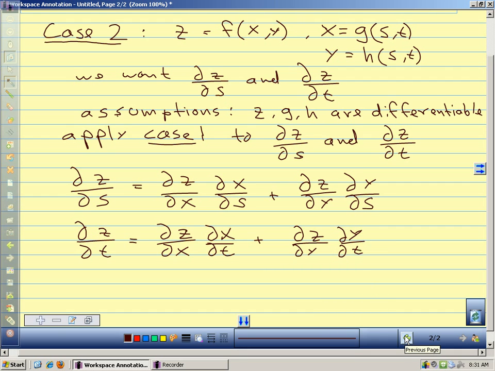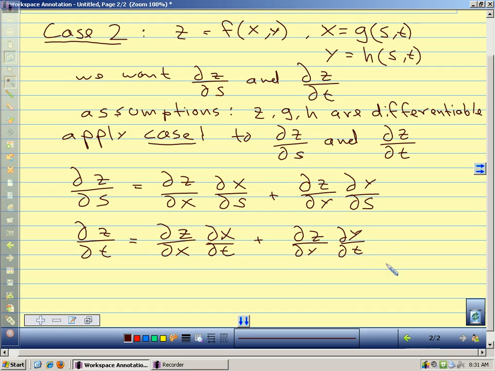And when we evaluate these derivatives, we want our final answer to be in terms of our original variables. If we have a 3-variable function, or if x and y are functions of more than one variable, these chain rules get more and more complicated.